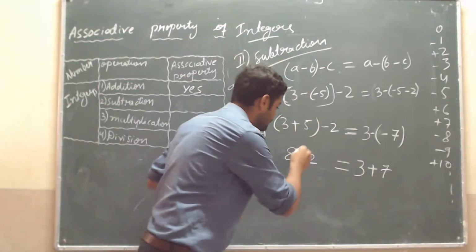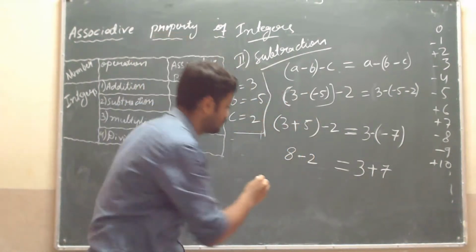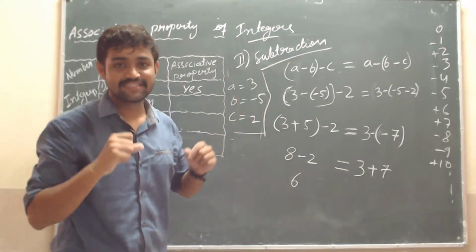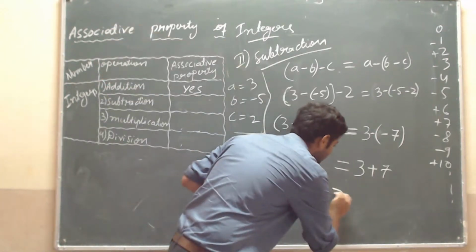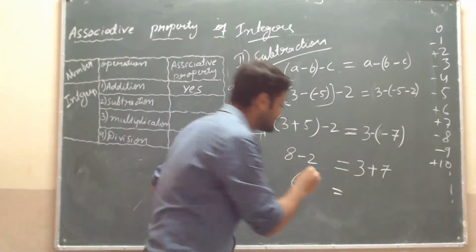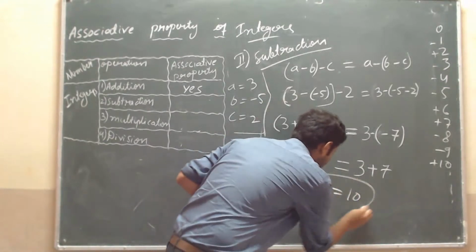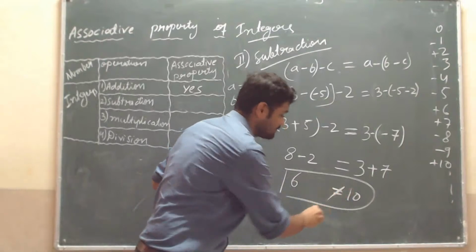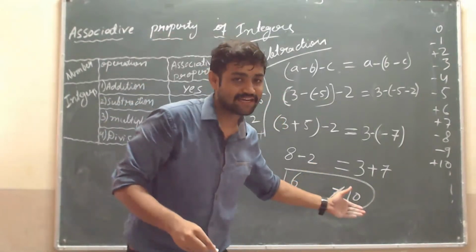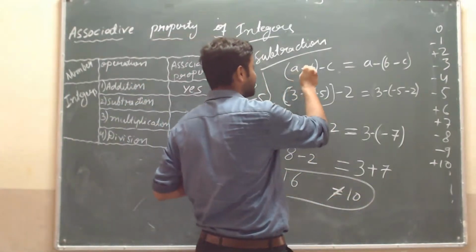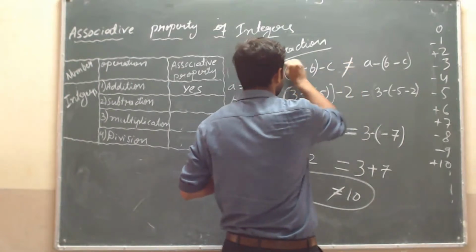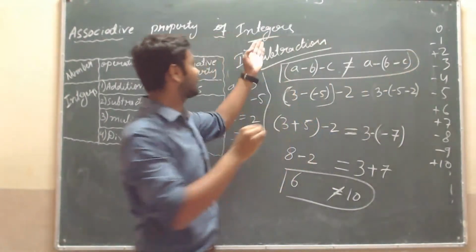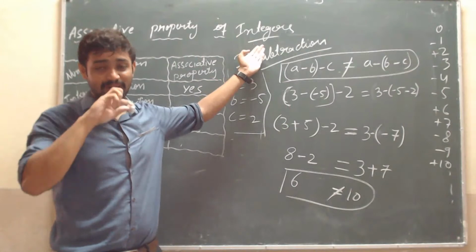Then 8 minus 2 is 6, isn't it? Then 7 plus 3, that is 10. Whether 6 is equal to 10? No. 6 is not equal to 10. We can say that (a minus b) minus c is not equal to a minus (b minus c) for integers.